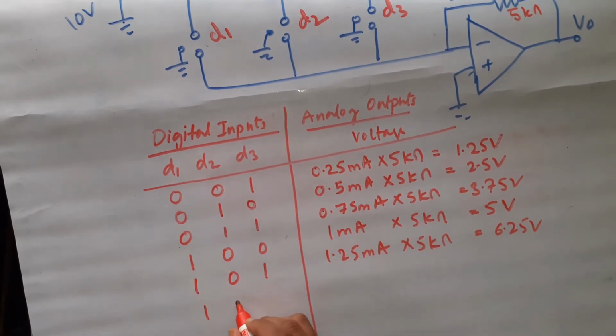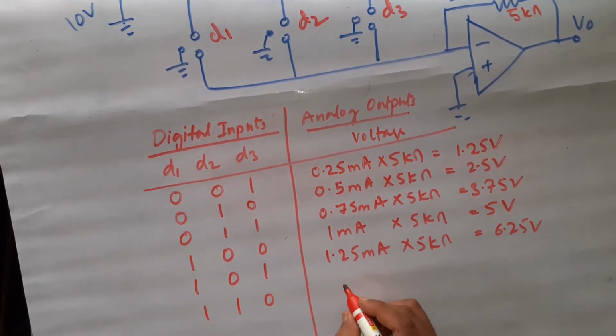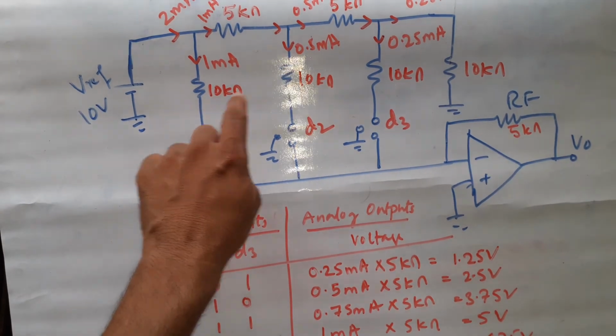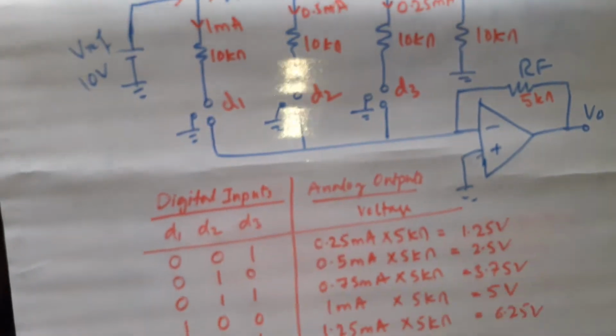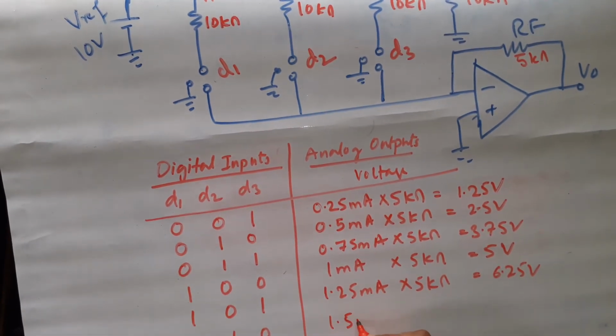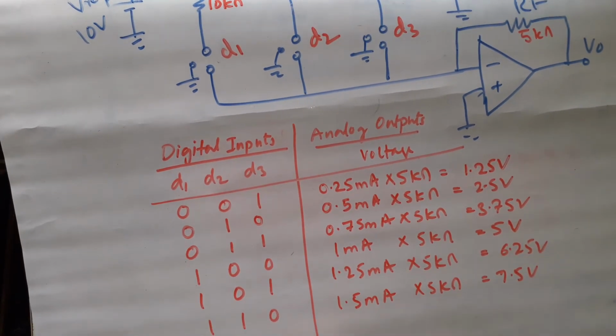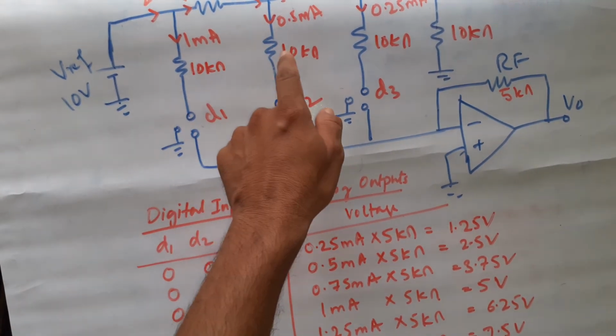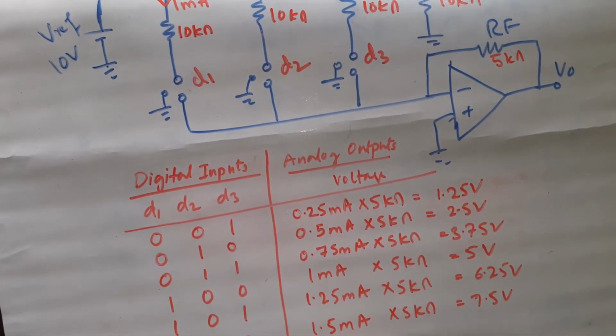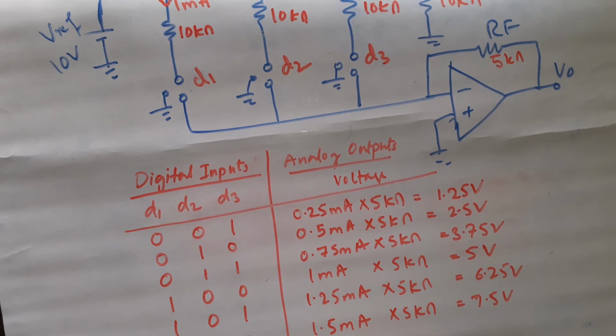Next is 1, 1, 0. 1, 1, 0 means these two are on. 1 plus 0.5, so 1.5 milliamps into 5 kilo ohms will give you 7.5 volts. Last is 1, 1, 1, all the bits are high. 1 plus 0.5 plus 0.25, 1.75 milliamps into 5 kilo ohms.